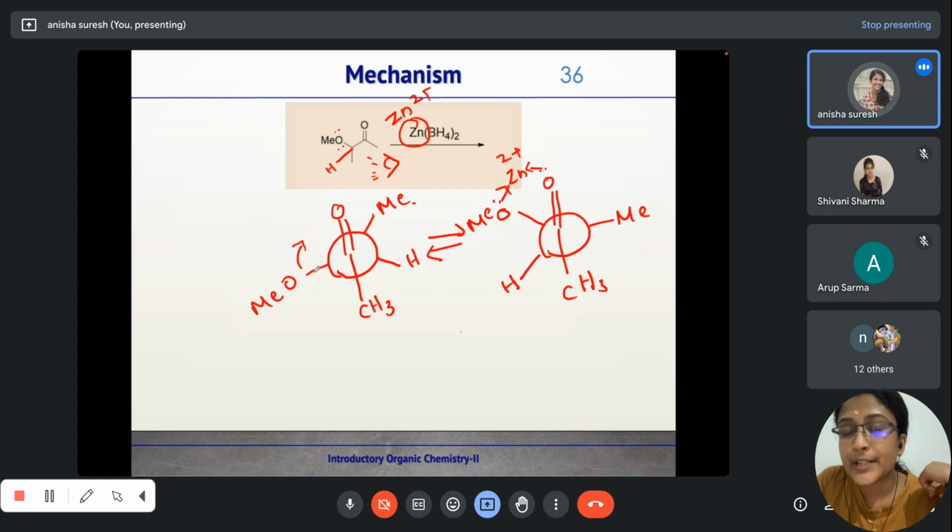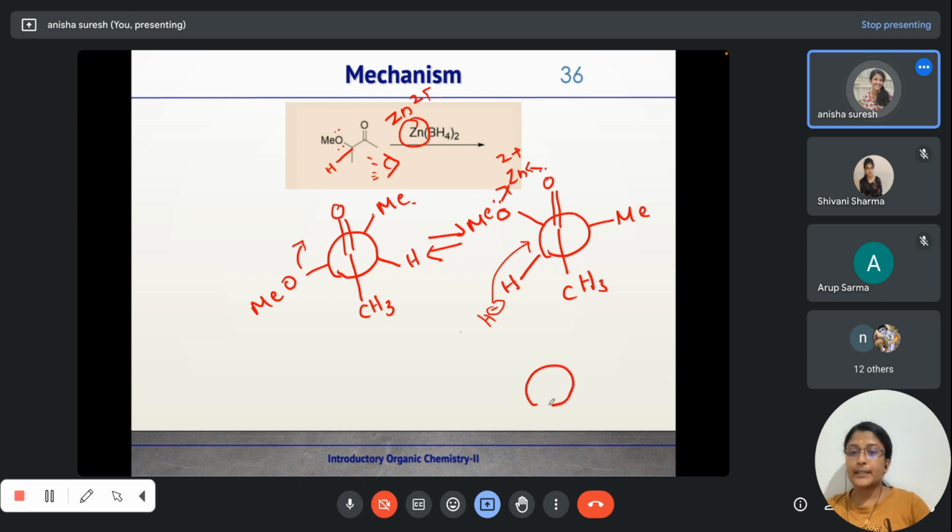But since chelation is present, this will move in this direction. This OMe will be a bulkier group than the methyl, so this will move closer to the oxygen, and we will get the structure. This OMe and oxygen will coordinate with Zn2+. Now the nucleophilic attack will take place in this direction, and the nucleophile will be hydride from BH4 minus. So the hydride is adding at this position.